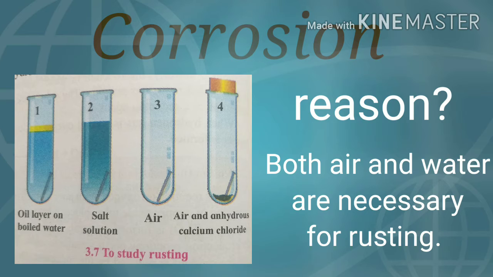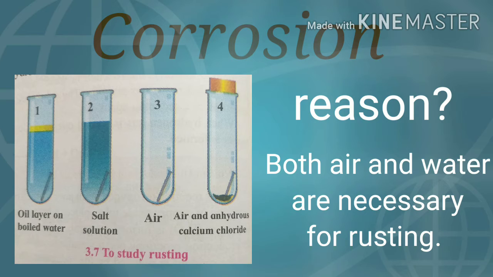In the first test tube, we have taken boiled water as it has no oxygen. Plus, the oil layer stops new oxygen from entering inside. Due to this, the iron nail inside test tube 1 does not undergo any reaction with the moisture of the air. So, the iron nail does not rust.